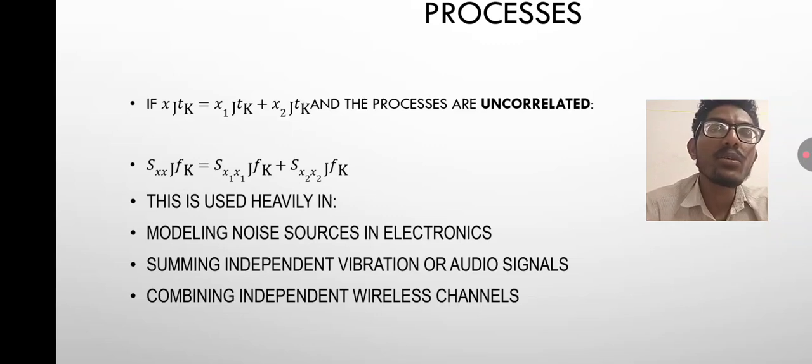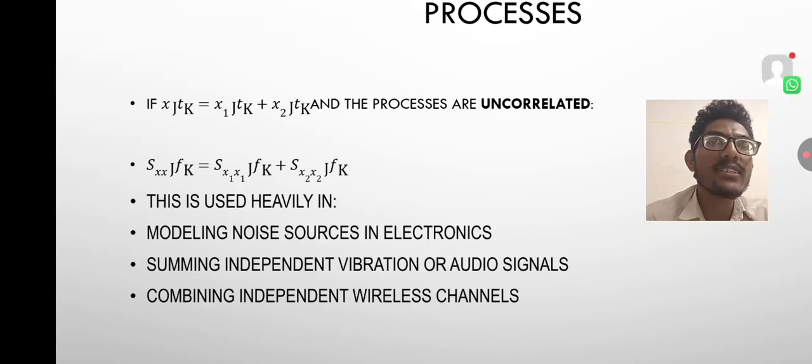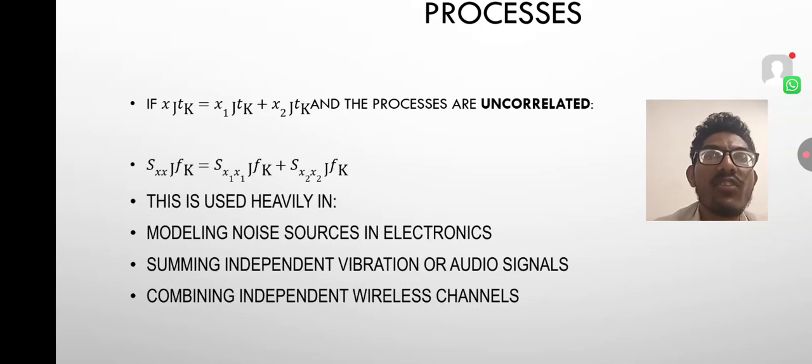If you take two random variables x1 and x2, then when you calculate the power spectral density of individual x1 and individual x2 and add both together, you will get the power spectral density of the main signal, Sxx of f.